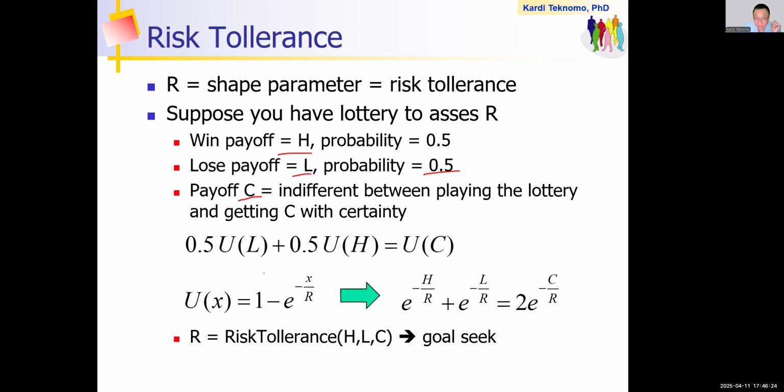So we can put it into this kind of function. Then from here, because you know H, L, and C, and the probability that you set, you can calculate the risk tolerance using Solver.